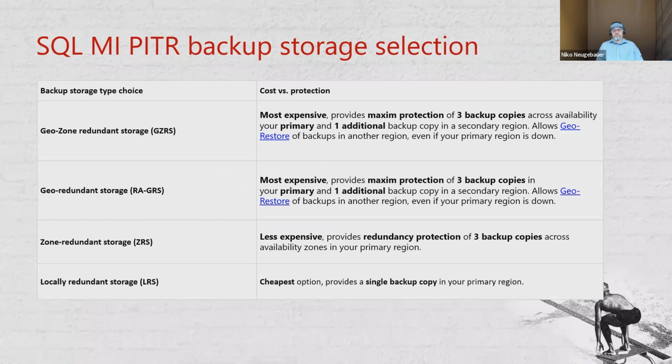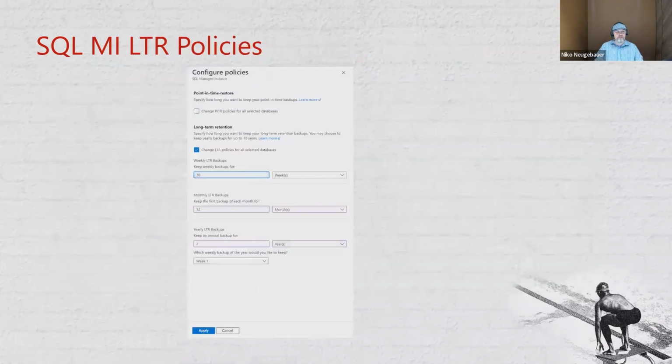Here is the information about what will happen and how it will affect you. But think about this: the more available, the more copies there are, the more expensive it will be. Doesn't mean you should go for LRS, locally redundant storage, because that's a reliability section. This is where you guarantee that things go right for your business.